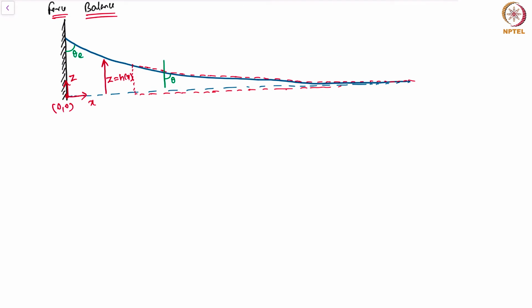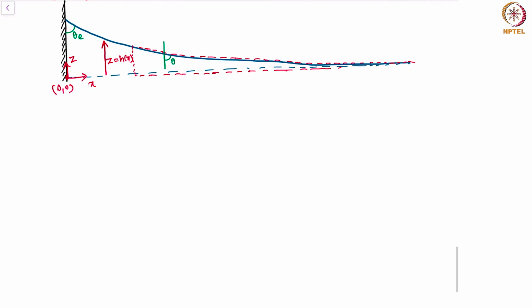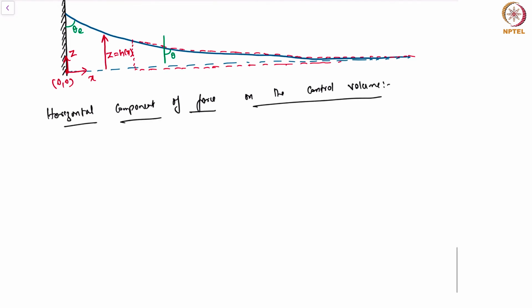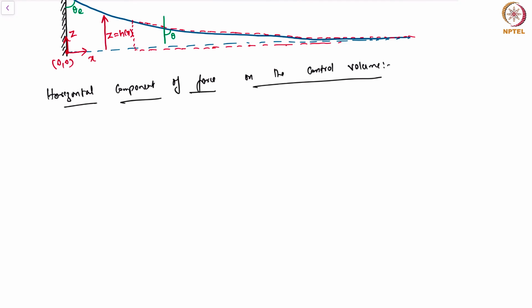Now let's basically look at the force balance on this control volume. Okay, so let's start by writing down the horizontal component of force on the control volume. The horizontal component of the force would be, how do I do this?